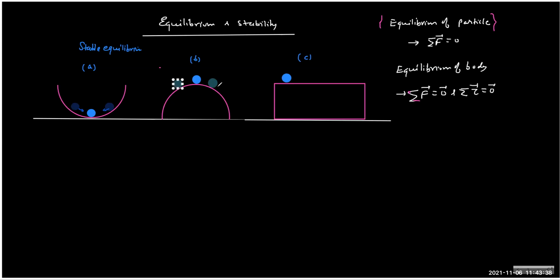So it will rather go away. Now the third is very interesting. You do whatever you want to do, it will remain there only. So there is no tendency either to go away or to go towards. It's like it's neutral. So we call it neutral equilibrium. And this we call unstable equilibrium.